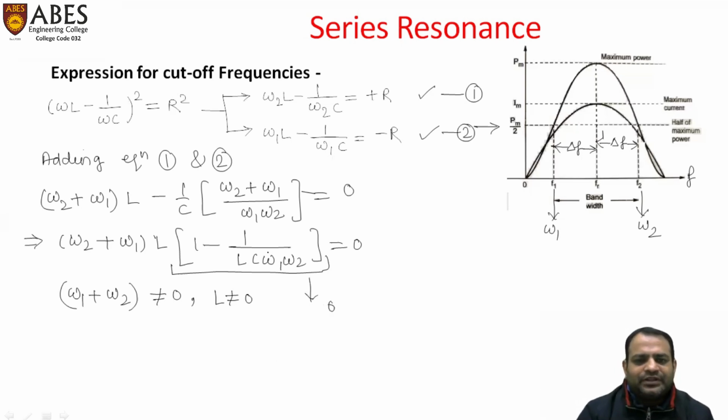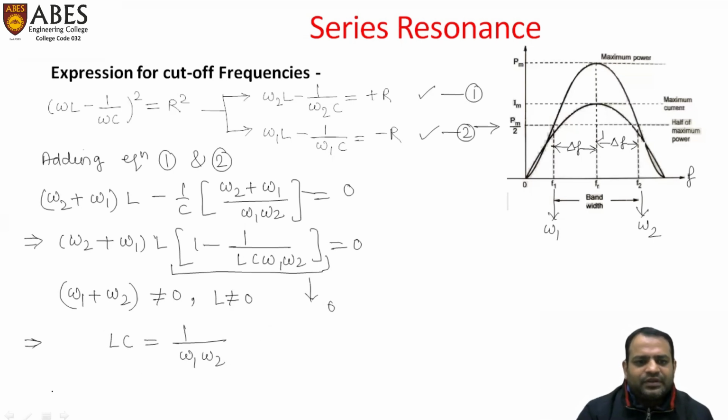So when we put this expression equal to 0, we have LC equal to 1 upon omega 1 omega 2.